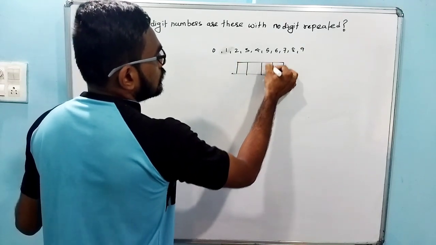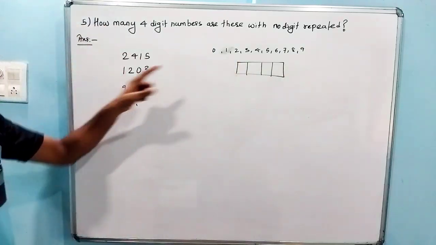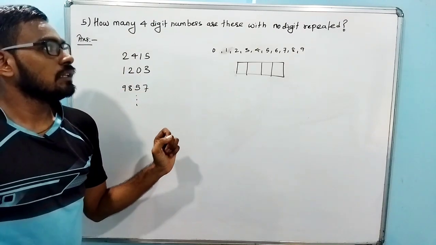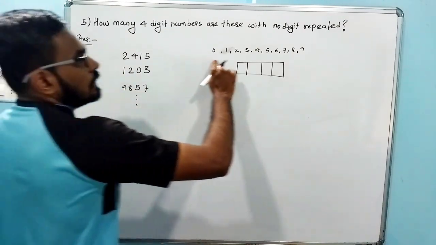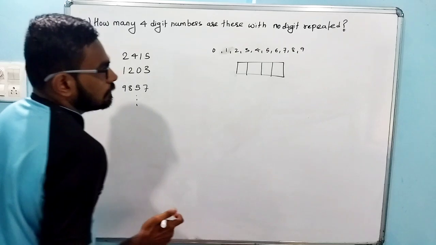This is how we'll get 4-digit numbers. Understood now? We are arranging these taken 4 at a time.